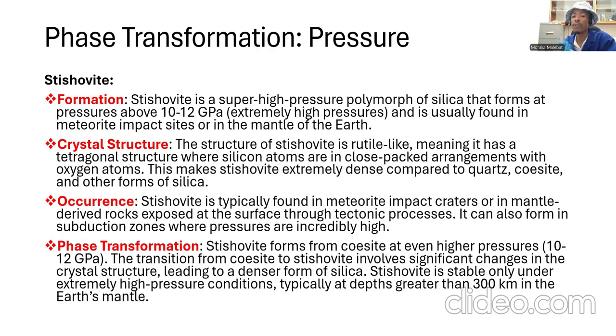Okay, Stishovite forms from coesite at even higher pressure. The transition from coesite to Stishovite involves significant changes in the crystal structure, leading to a denser form of silica. Okay, so that's why Stishovite is highly dense as compared to coesite. But coesite will be denser than quartz. That's where you are playing with the pressure.